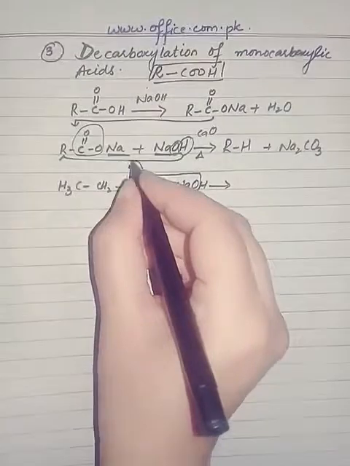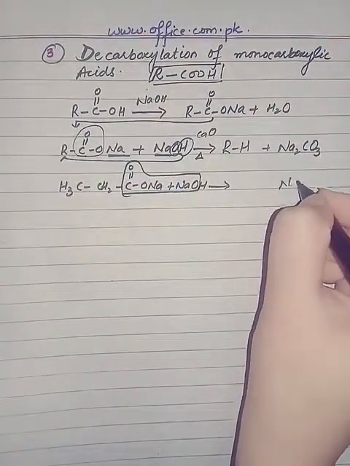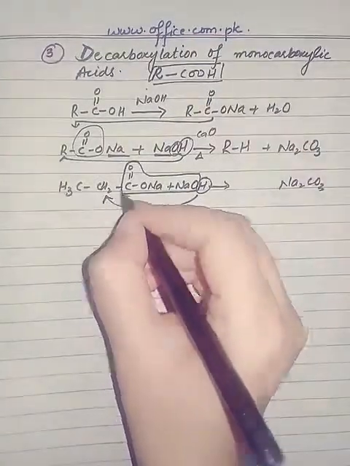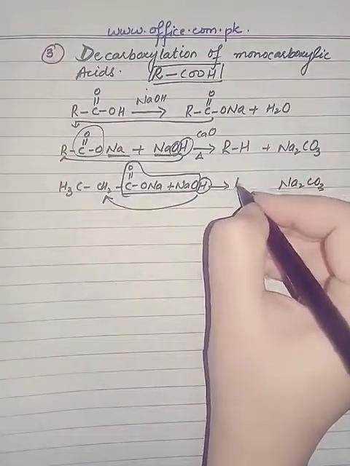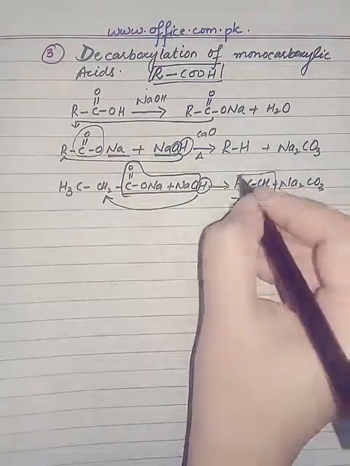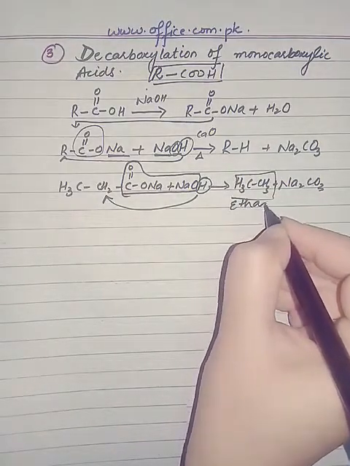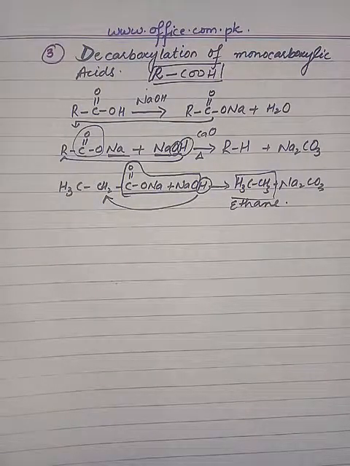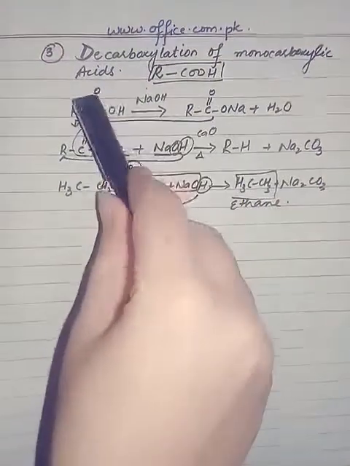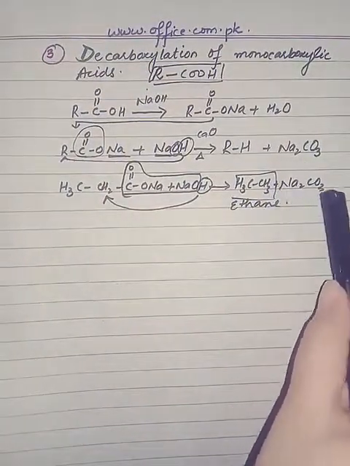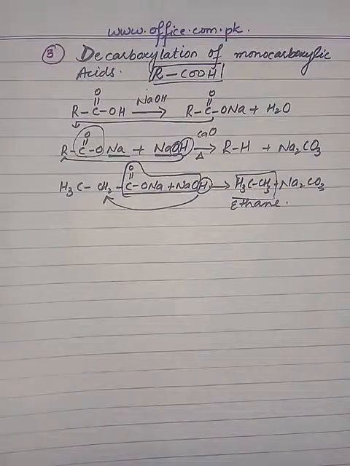This whole group will be removed, and this hydrogen will move to this, and it will become ethane. So you can see that alkanes can be prepared by decarboxylation. Decarboxylation means you are removing carbon dioxide in the form of sodium carbonate from the system.